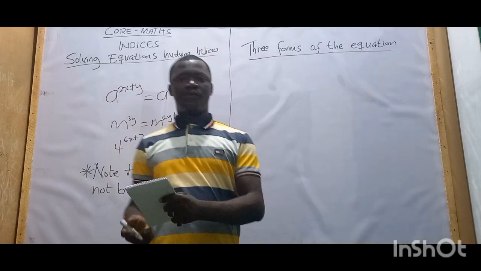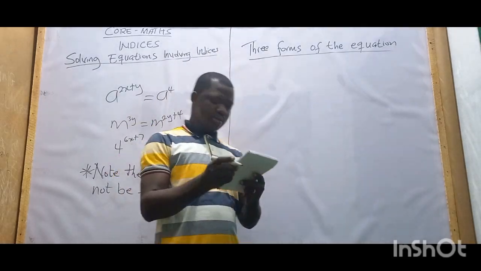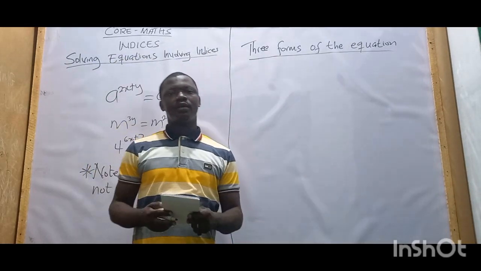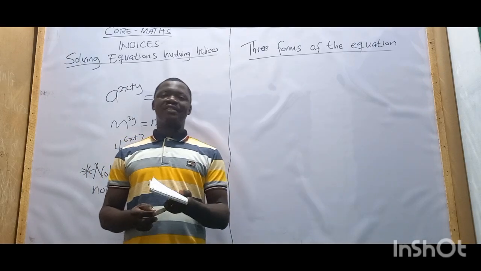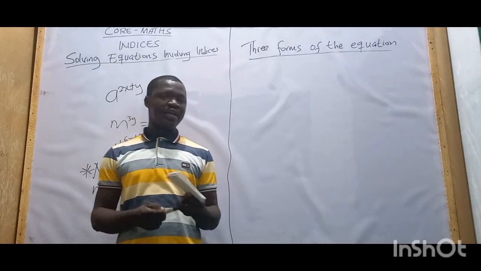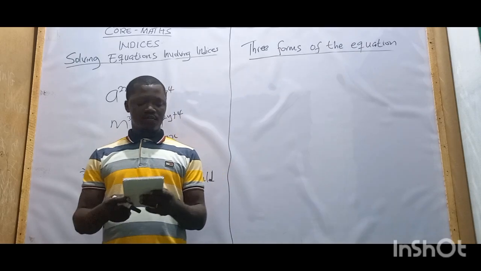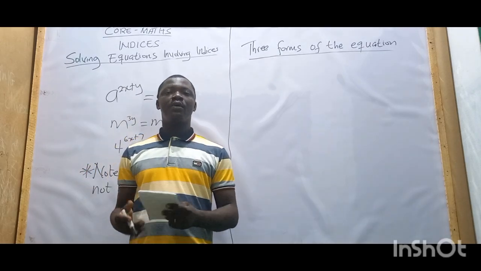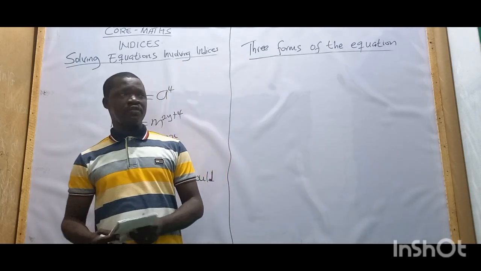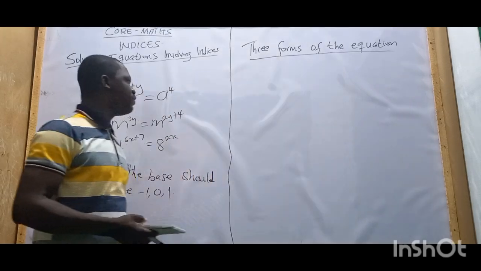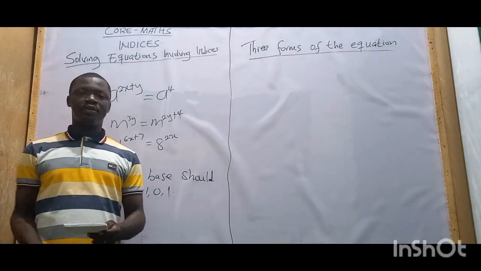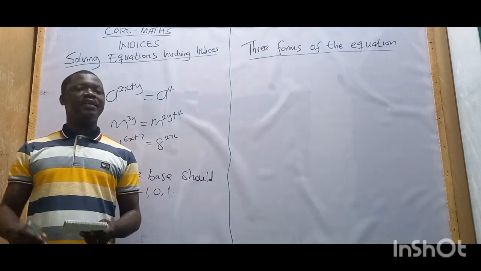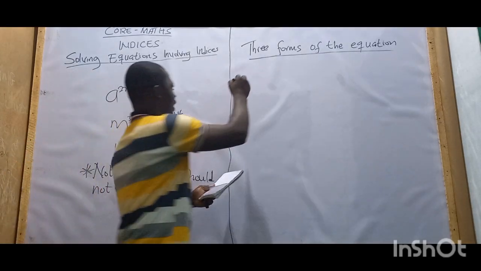The first one is linear, then the second one is simultaneous equation, then the other one is what? Quadratic equation. So the equation will be either linear, simultaneous, or what? Quadratic equation.